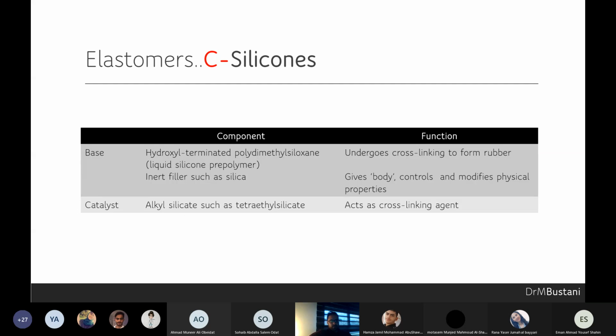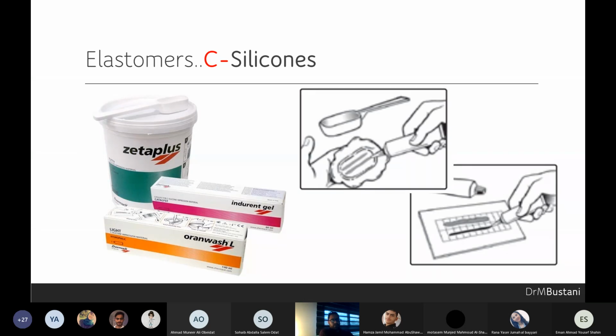These are the components of the two pastes, but you don't need to go through them. When we mix it, this is an example of one material. This one is the putty, which is almost like plain dough. This is the catalyst tube, and this is the light body tube. When you mix the putty, you take the measure in order to respect the ratio according to the instructions.